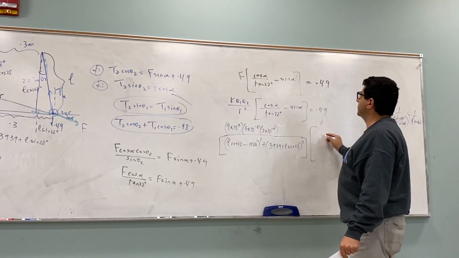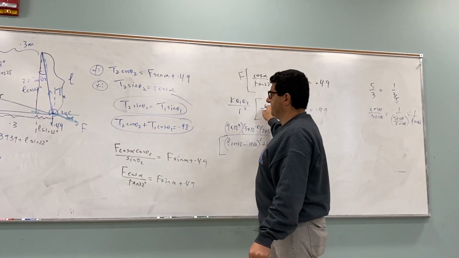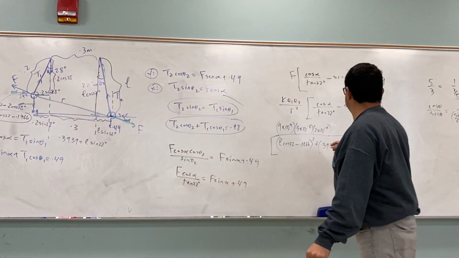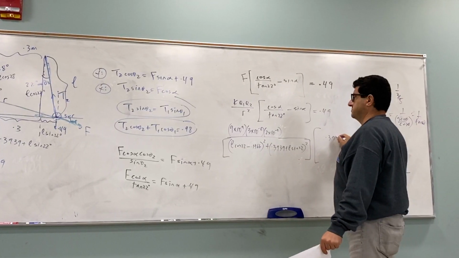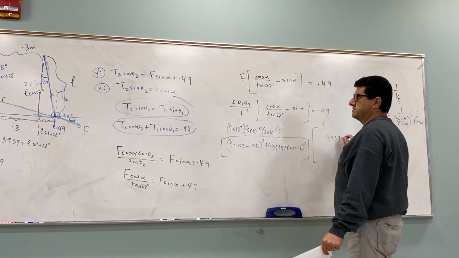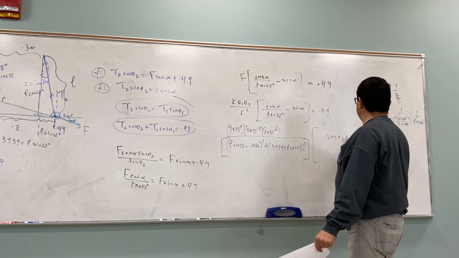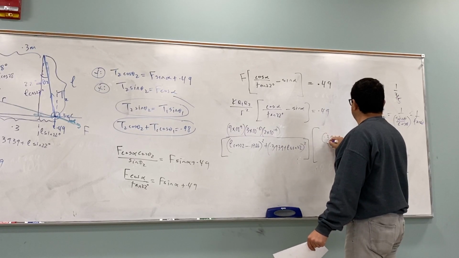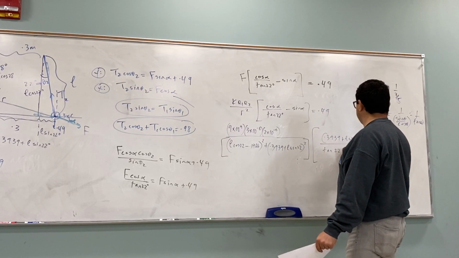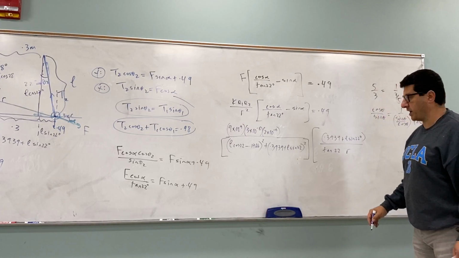So cosine alpha is going to be this thing, 0.3939 plus L sine 22, divided by tangent 22, or let me just write it as r for now.